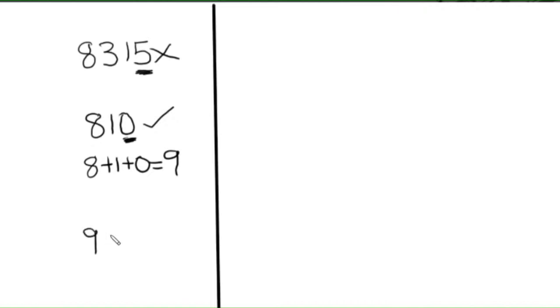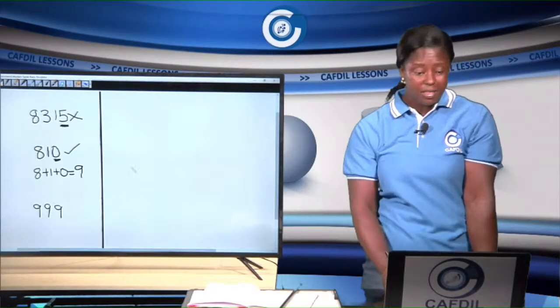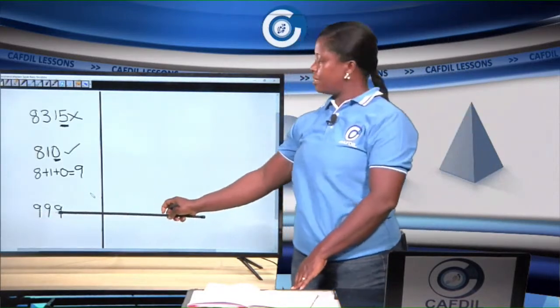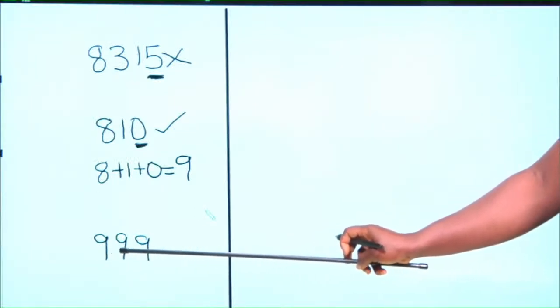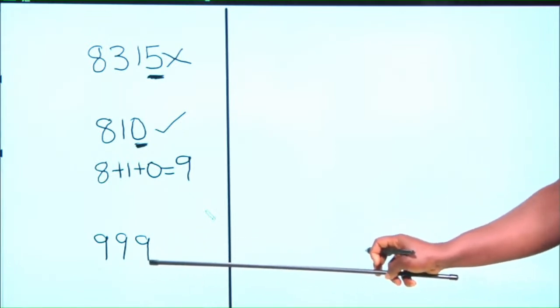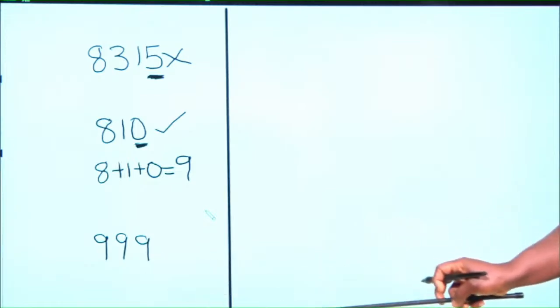999. Is it divisible by 18? We must add all the digits. When we are done, let's check if the last digit is an even number before we can conclude.